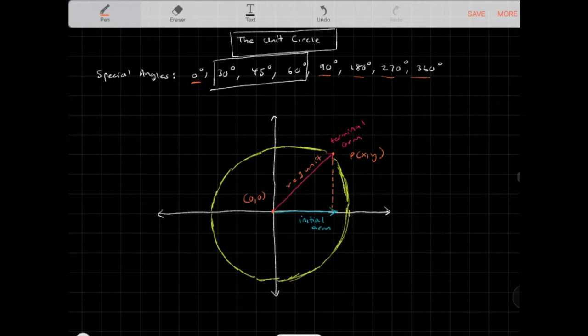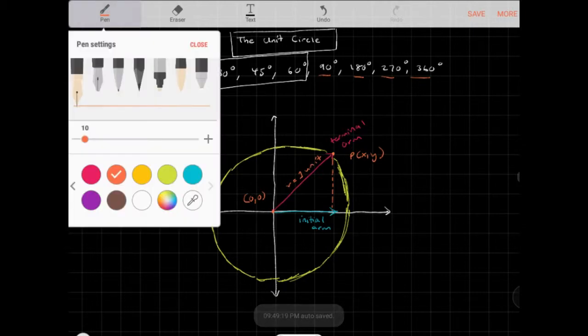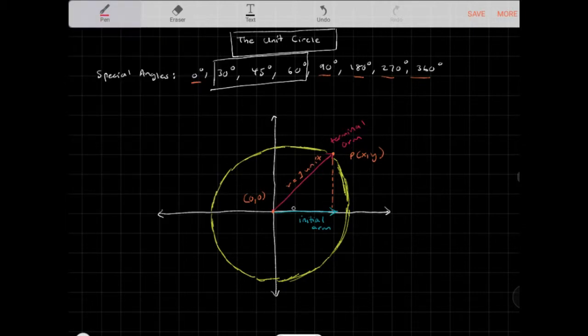Call this angle of rotation theta. It creates a right angle triangle, because this point can be expressed as x and y: this dimension here is x, and this dimension here is y.